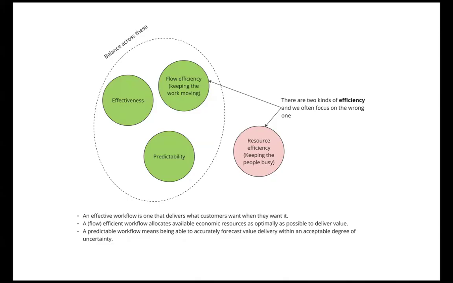Effectiveness is all about getting the right work to the customers when they need it. So we've delivered the right value to them so that they can do the things they care about. Predictability is all about making sure that we can anticipate. So when somebody comes to us and says, when will you be done this big chunk of work? We can give them an answer. They might need that because when we roll out this new feature, we also have to run a marketing campaign.